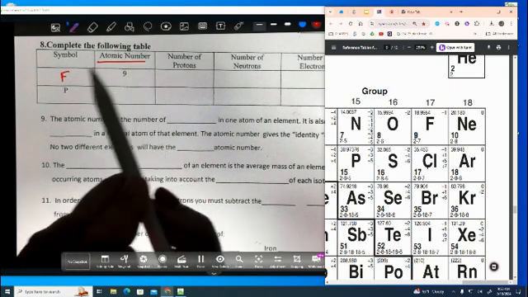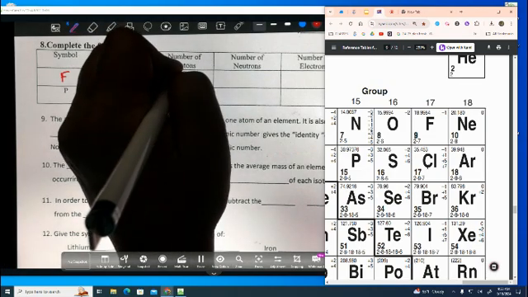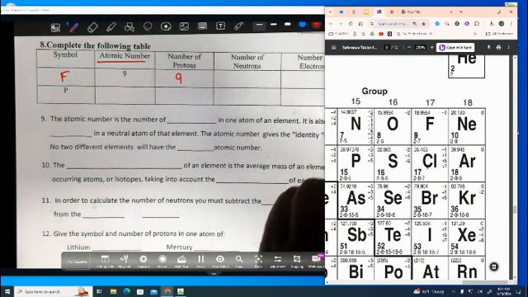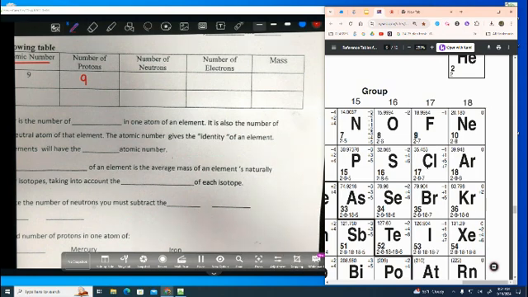So if we go back over here, that fluorine, the atomic number is 9. How many protons does it have? 9. Abby, good? Okay. Now, the mass. See where it says mass right here? Okay. They're talking about a mass number. What is the mass number of this fluorine? 19. This 18.9984 is an average atomic mass.